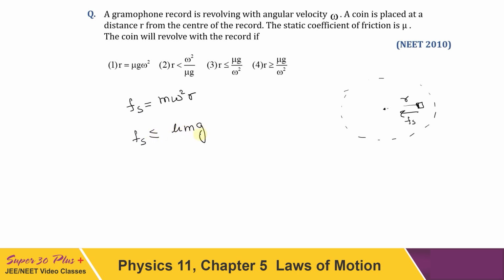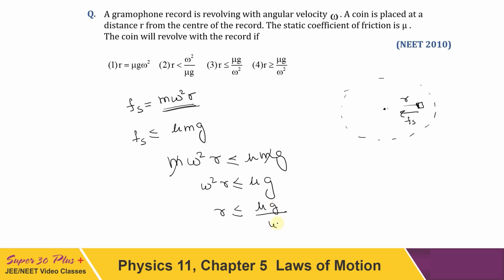From here m omega square r should be less than or equal to mu mg. If we solve it, omega square r is less than or equal to mu g, and r is less than or equal to mu g upon omega square, which is our option number 3.